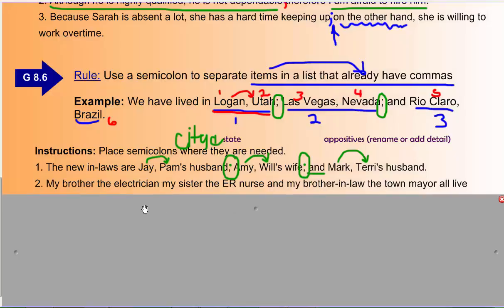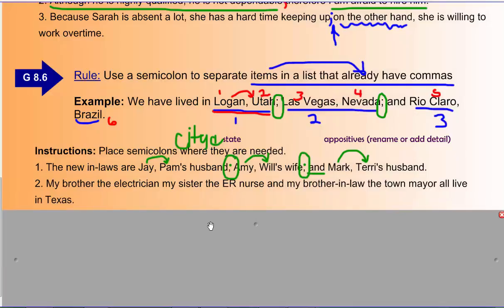My brother, the electrician; my sister, the ER nurse; and my brother-in-law, the town mayor, all live in Texas. Oddly enough, I'm only listing 3 things here. There are only 3 people I'm talking about. My brother is an electrician. So my brother, comma, the electrician, semicolon.